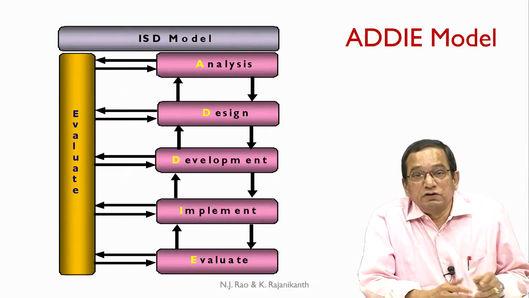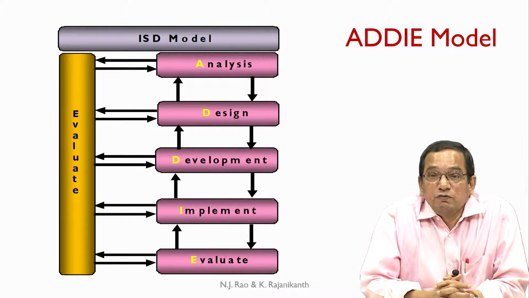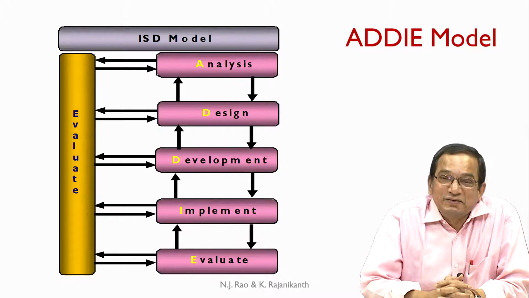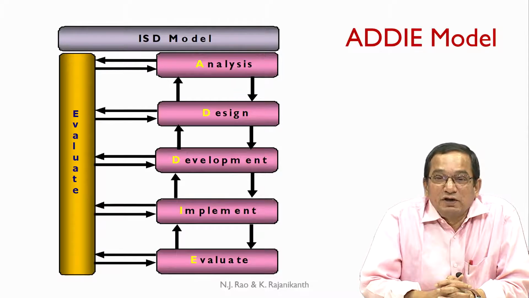In the literature on the ADDIE model, we find some authors treating the ADDIE model as a strictly sequential model with no feedback loops whatsoever, and on that basis criticize the model as being too rigid.